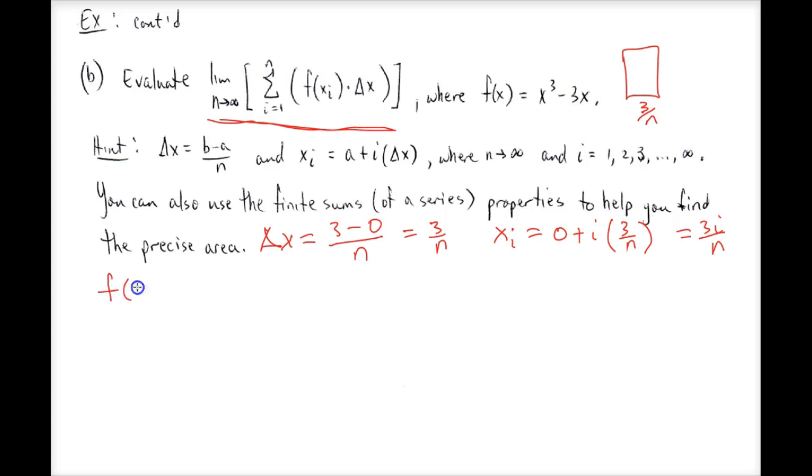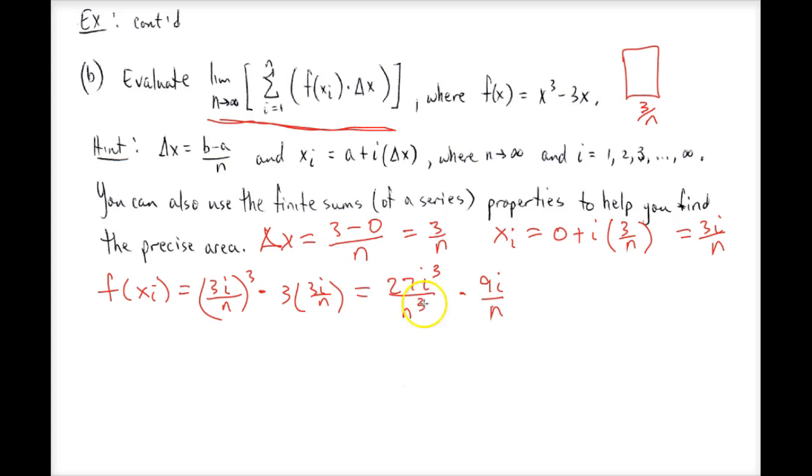So therefore, our f of x sub i will look like this. It'll be 3i divided by n, all that cubed, minus 3 times 3i over n. And so that ends up being 27i cubed over n cubed minus 9i divided by n.